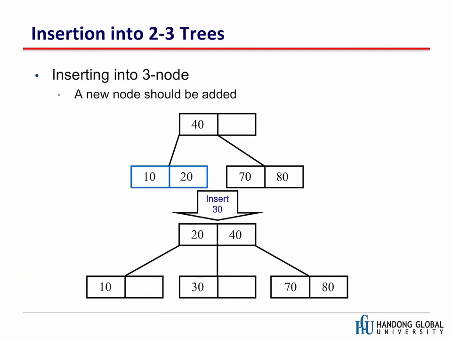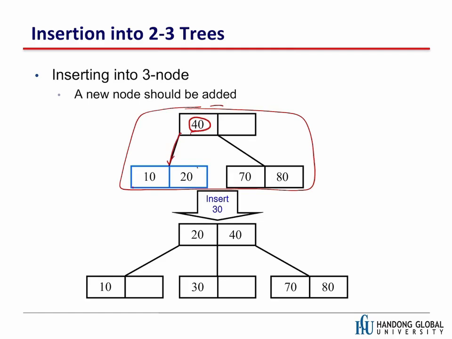Now we want to insert a new node here, but in this case, this one is going to be a 3 node. Given this one is from the previous slide, and we want to insert 30. 30 is smaller than 40, and we go to the left subtree, and then this is the leaf node.